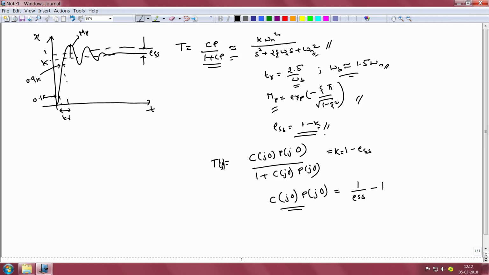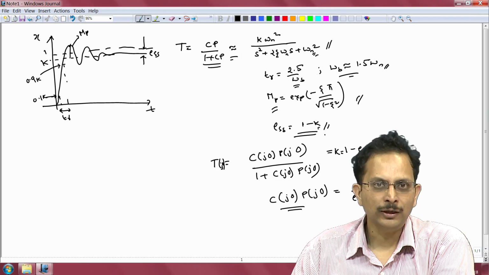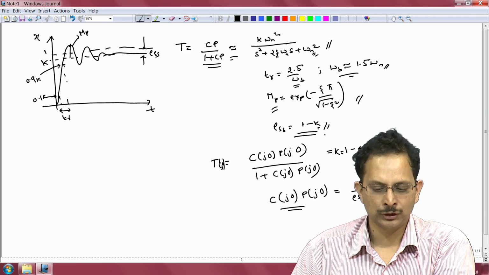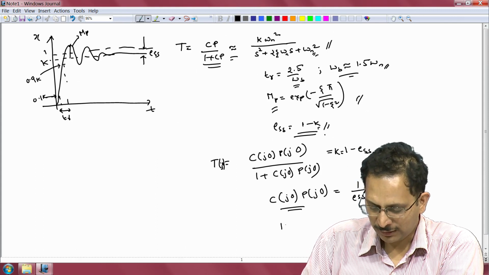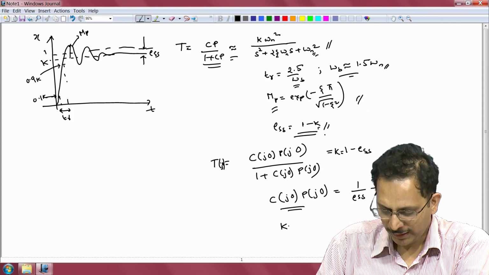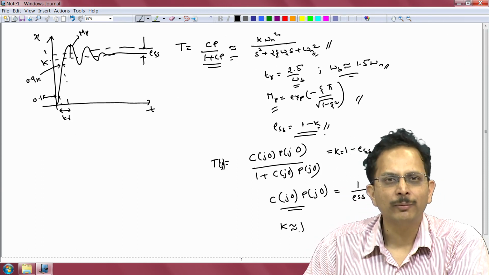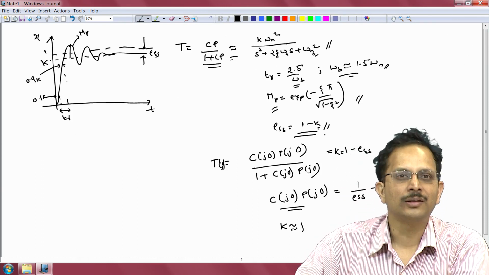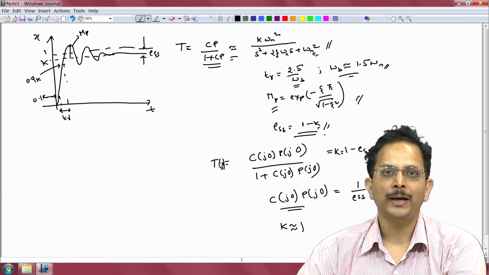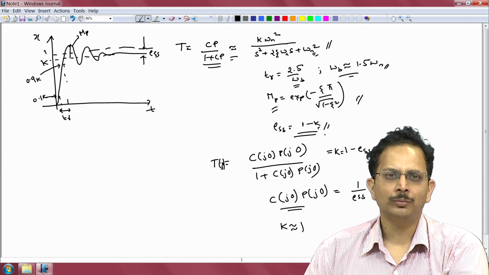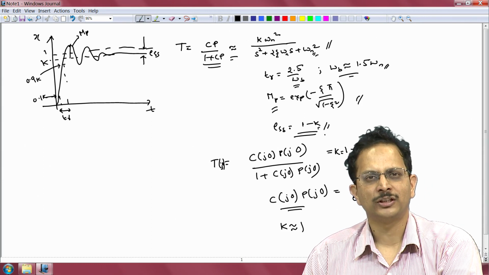We shall assume that in our effort to translate the closed loop specifications to open loop specifications, our DC gain k is very close to 1. So, there may be a small difference between the actual value of the DC gain and 1, but we shall assume that for all practical purposes it is equal to 1.